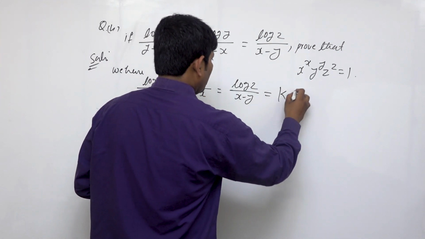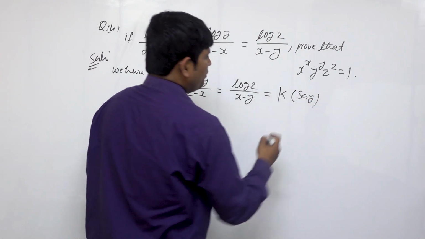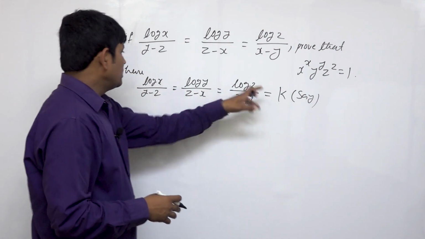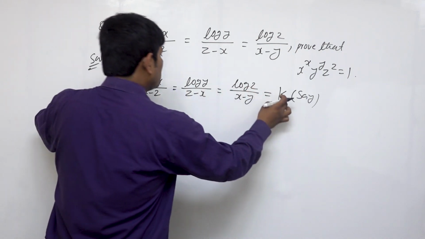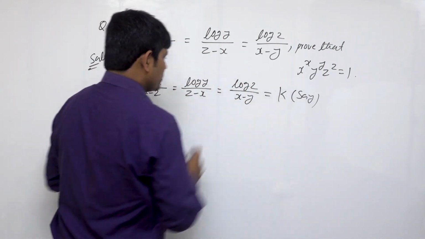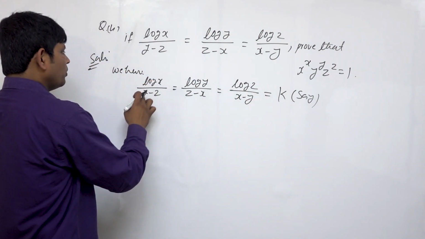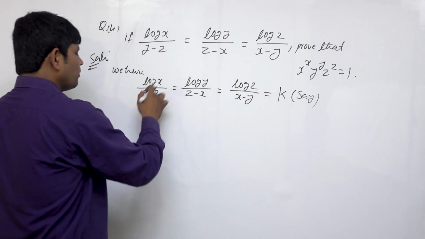A constant, we can say k, we can suppose that this is equal to k. So this is also k, that is also k, that is also k. So what we can write? If that is equal to k, log x over y minus z is equal to k. So what is the value of log x?